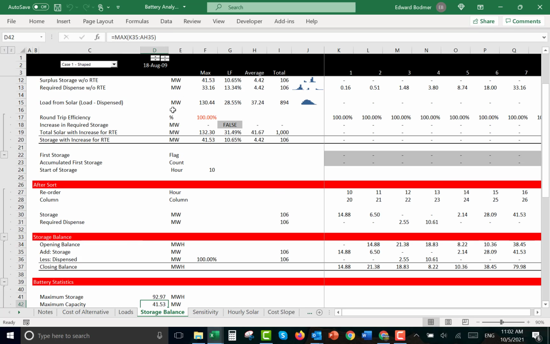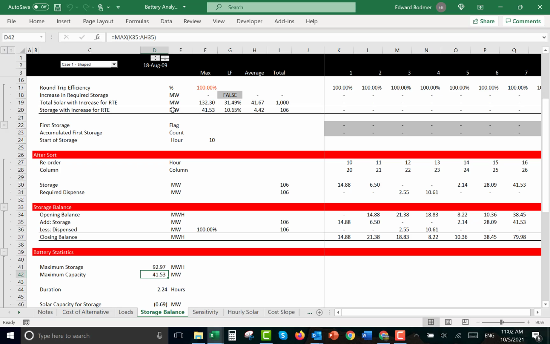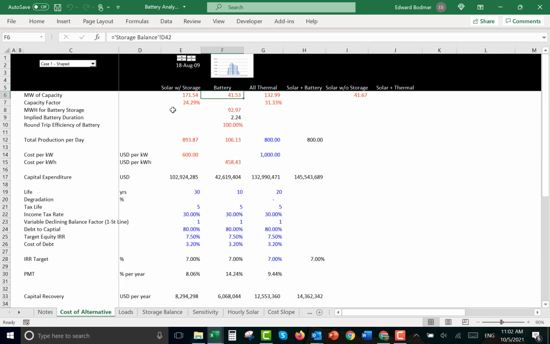And what we did last time is I'm pressing Control and the square bracket, and then pressing F5 to get back. And it tells us how much our capacity and our storage has to be for different shapes.